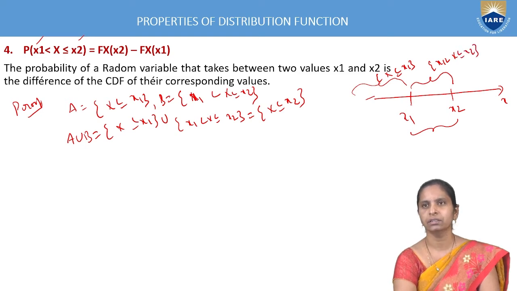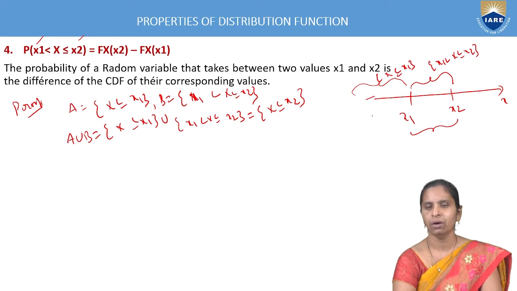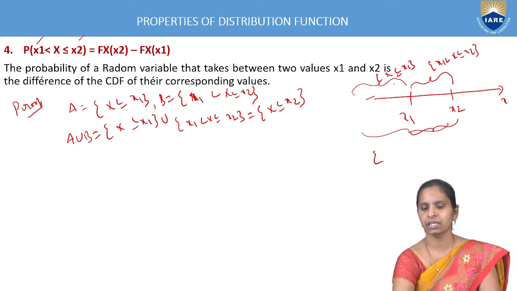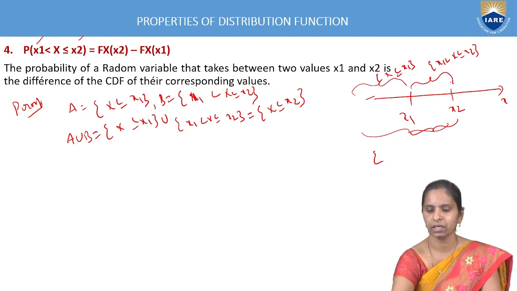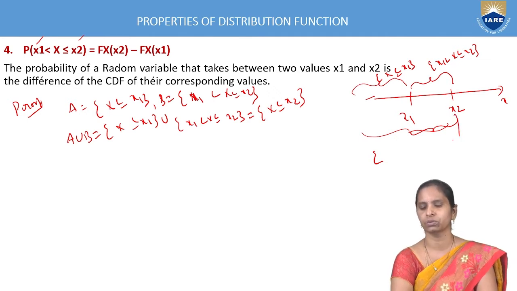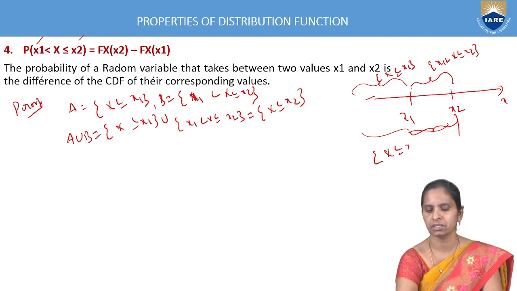Here, X value is up to X1, and here it is X1 to X2. I am considering two events. And what is the union of these two events? X less than or equal to X1 and X from X1 to X2; that is taking up to the value of X2, that is X is less than or equal to X2.